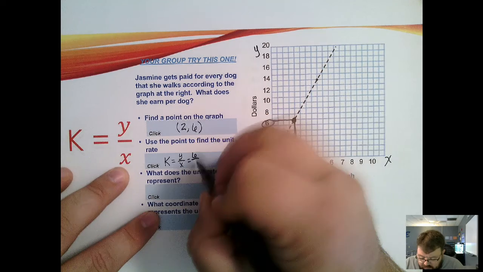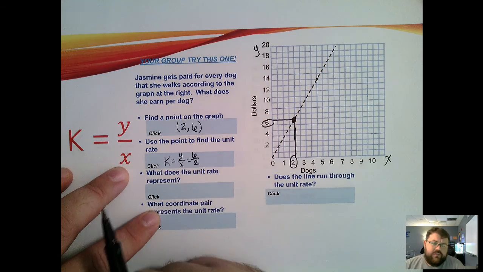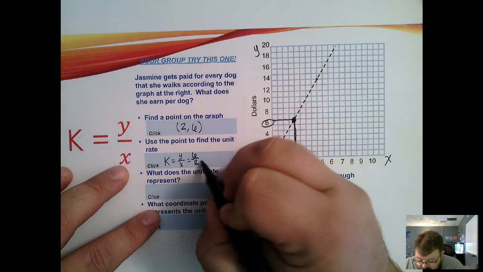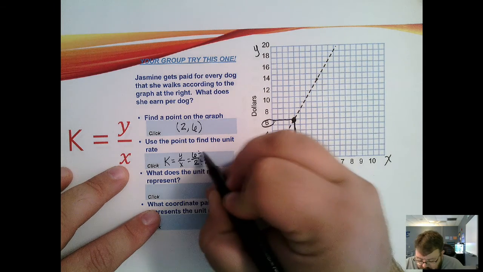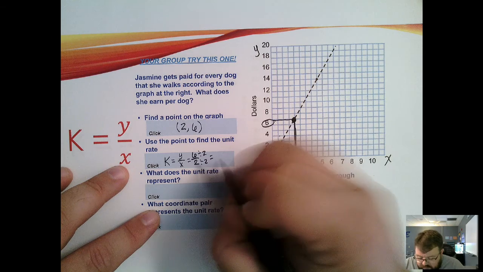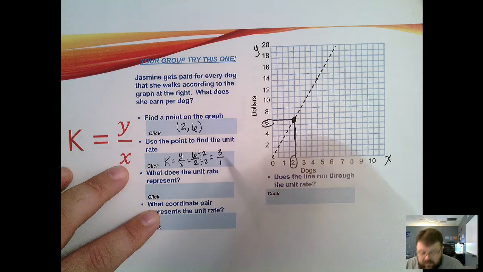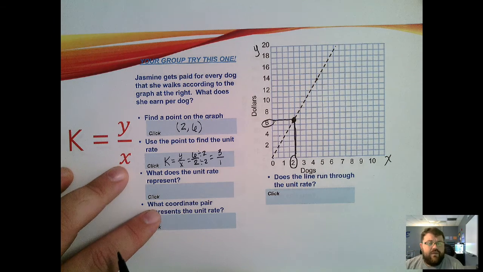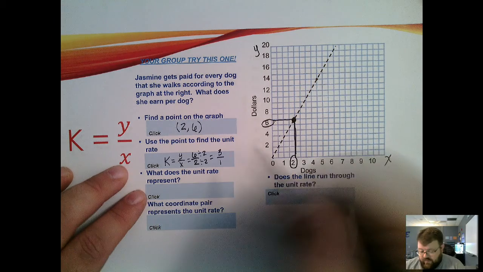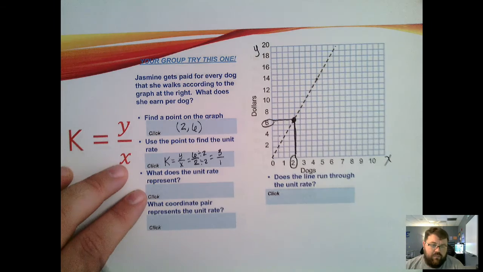The x value is 2. So you divide both the numerator and the denominator by 2. 2 divided by 2 is 1. 6 divided by 2 is 3. So you should have gotten 3 over 1, or 3.